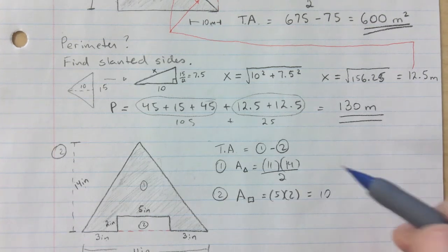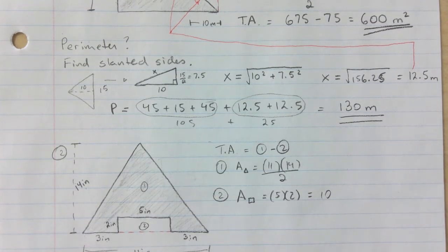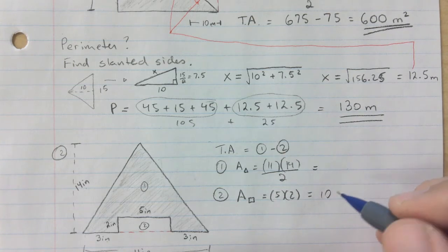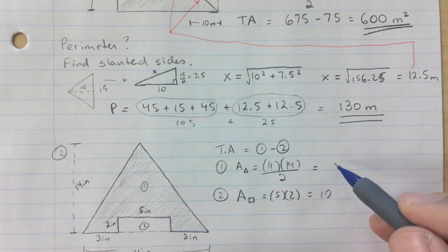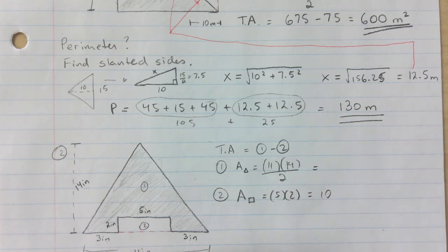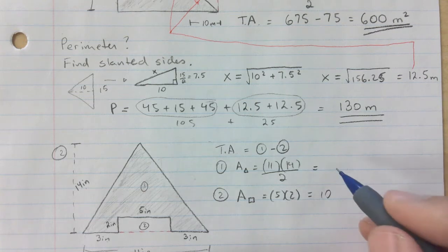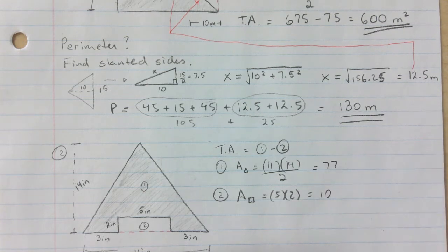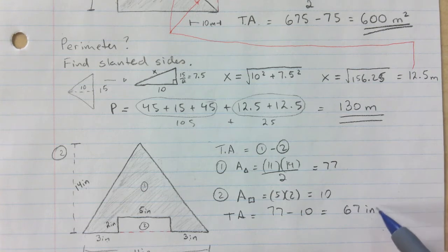That'd be 10. And that'd be 154 divided by 2, which would give us 77. And so now we conclude that the total area would be 77 minus 10, which is 67. And here it is, it's square inches.